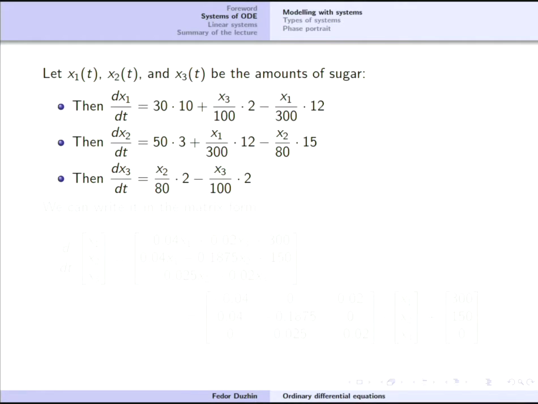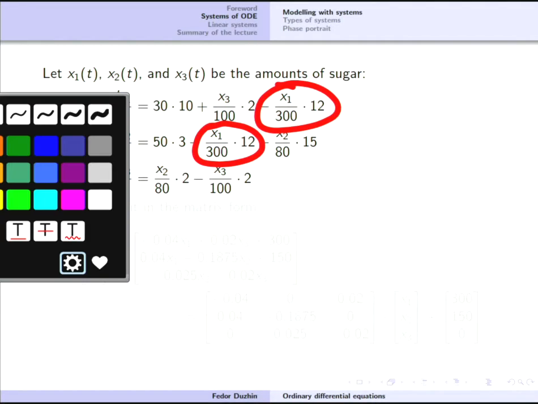So, for example, let me maybe highlight it, that if we look at this number, this is sugar leaving the first tank, and this is sugar coming in the second tank from the first tank.